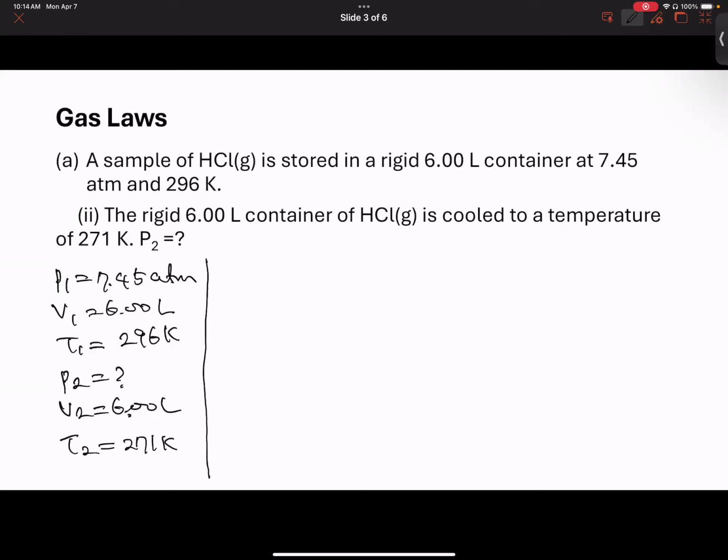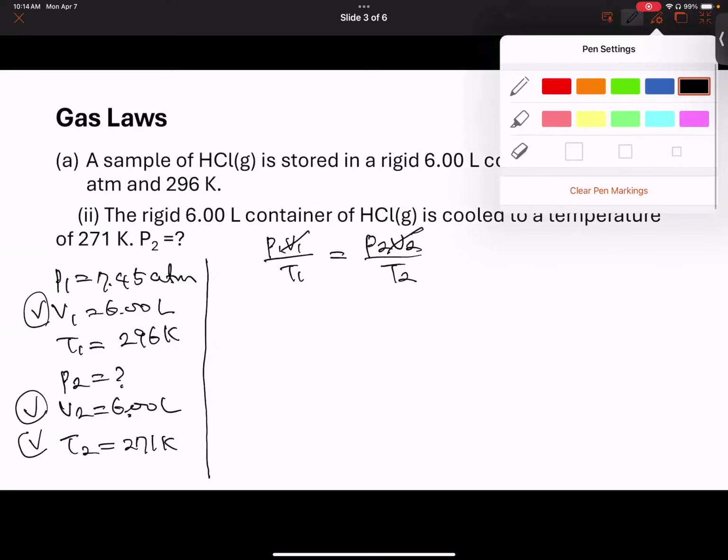Okay. So in this kind of change, this is a change of state. Always think about the combined gas law. P1 V1 over T1 is equal to P2 V2 over T2. And in this case, V1 and V2 do not change. So let's cancel out V1 and V2, because they are the same value. Let me erase this one.